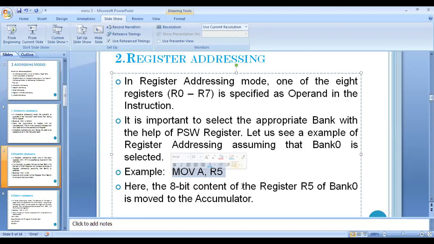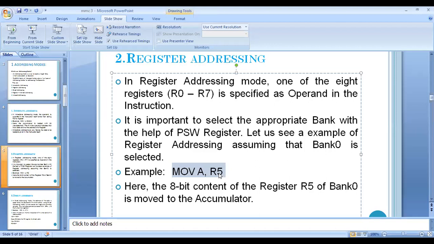R0, R1, R2, R7. बँक 2 मधले 8 रजिस्टर कुठले? R0, R1, R2 अप टू R7. अगेन बँक 3 मधले पण 8 रजिस्टर कुठले? R0, R1, R2, R7. मग आता मशीनला कसं कळणार की R0... आता तुम्ही लिहिलं MOV A, R5, how does the machine come to know that R5 is from either bank 0 or bank 1 or bank 2 or bank 3? How does the machine come to know?